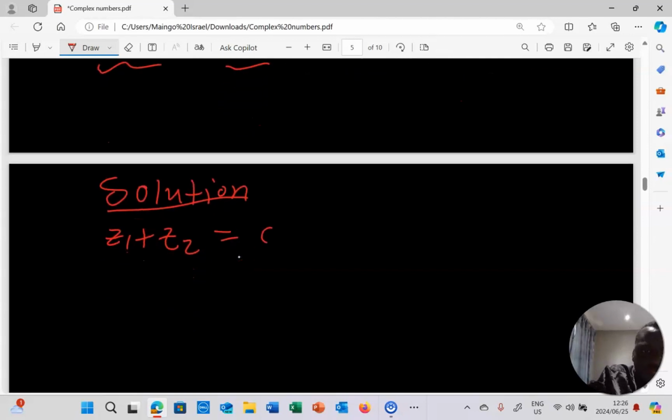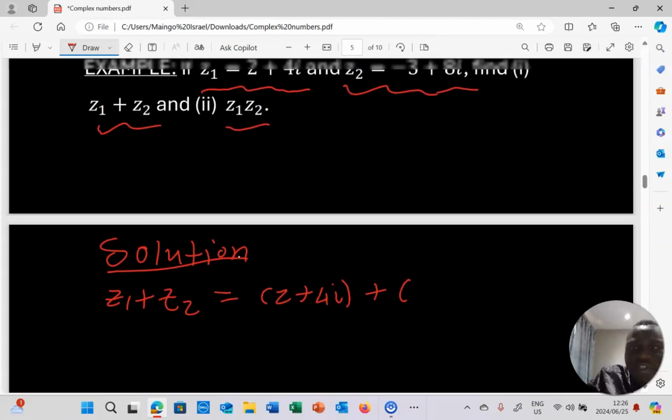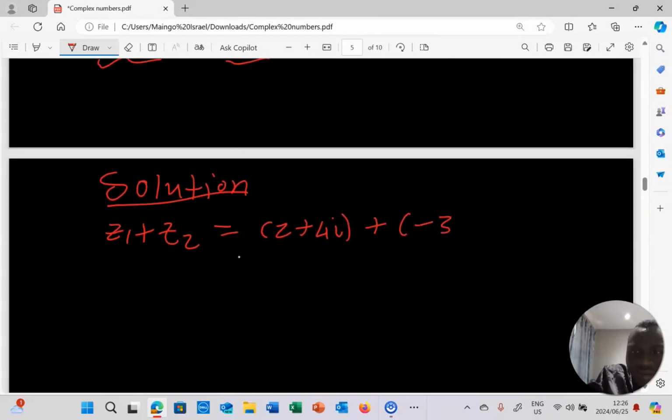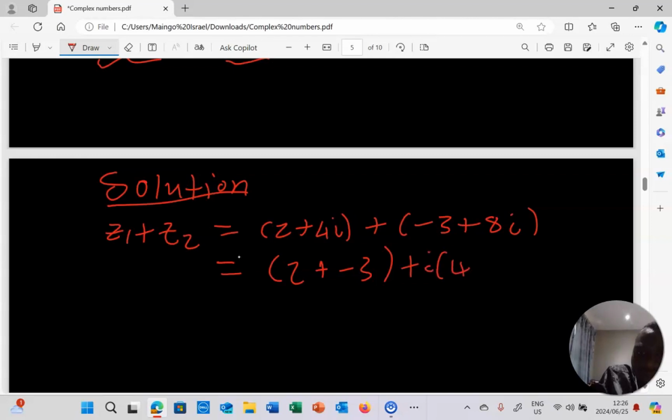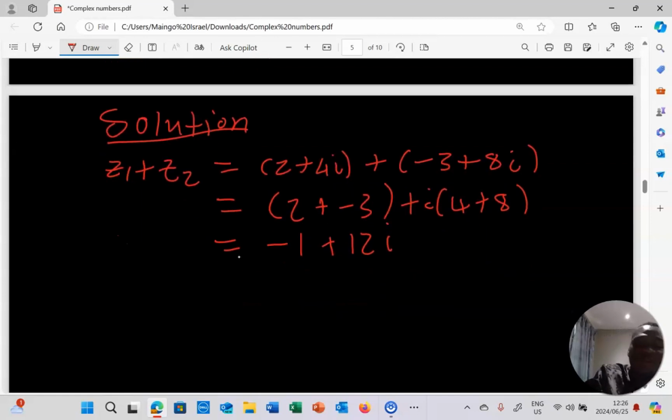It's 2 plus 4i, then plus what is z2? It's minus 3 plus 8i. So this is just equal to, we add the real parts together, which is 2 plus minus 3, then plus i outside, 4 plus 8. So this will be equal to minus 1 plus 12i. So that's how we add these two complex numbers.